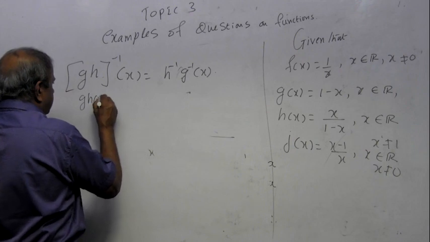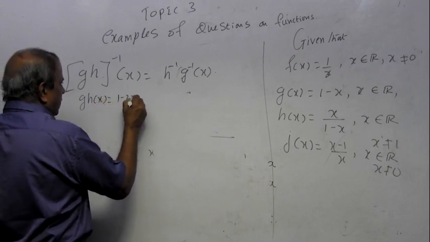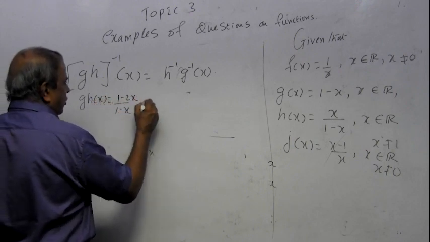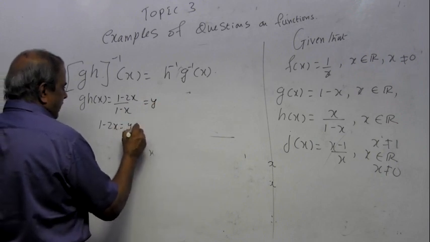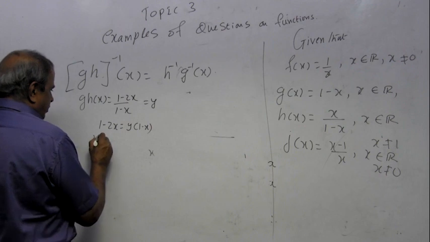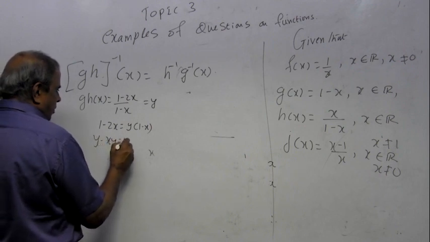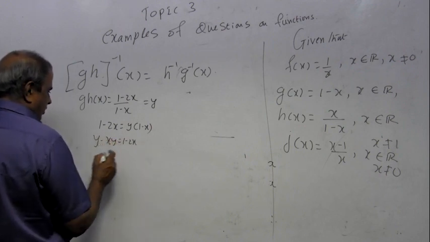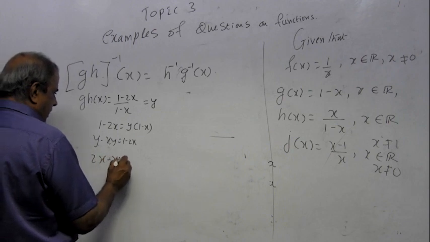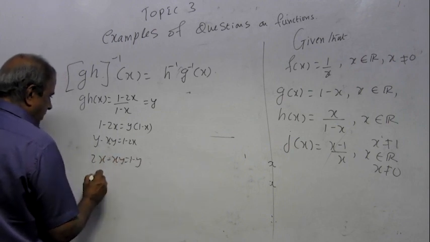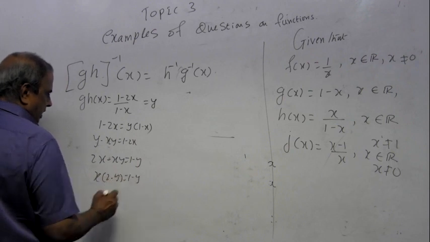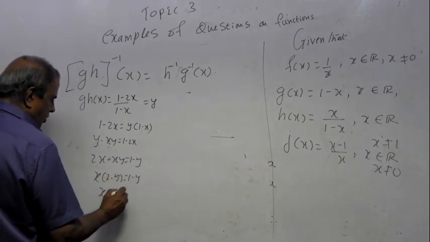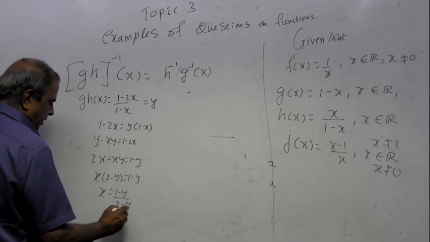gh of x was 1 minus 2x over 1 minus x. So I call that as y. So 1 minus 2x equal to y times 1 minus x. So y minus xy equals 1 minus 2x. So 2x minus xy equal to 1 minus y. So x times 2 minus y equal to 1 minus y. So x equal to 1 minus y over 2 minus y.